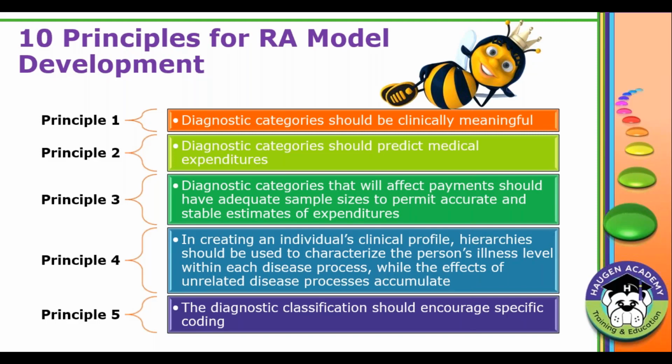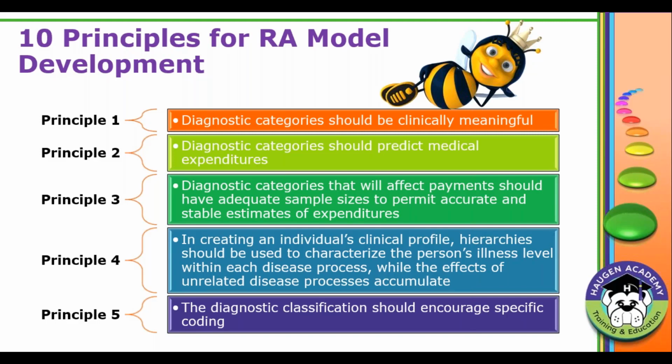Principle number 3 is that diagnostic categories that will affect payments should have an adequate sample size to permit accurate and stable estimates of expenditures. So because everything is based off of previously reported data, if we don't have a lot of previously reported data for a specific diagnosis, then it's excluded from the model.